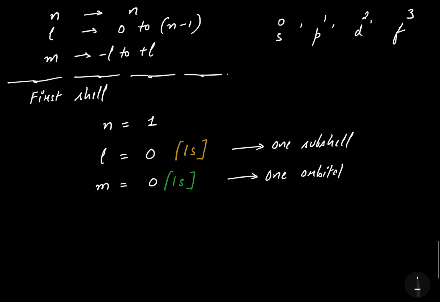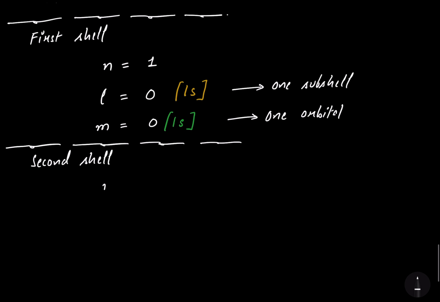So now let's talk about the second shell. Here n is equal to 2. The value of l will be 0 and 1.